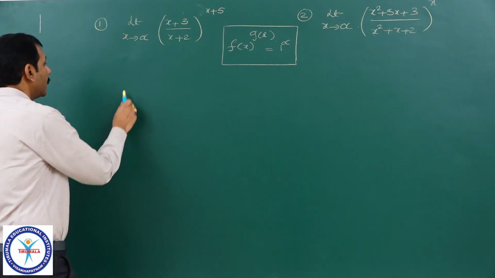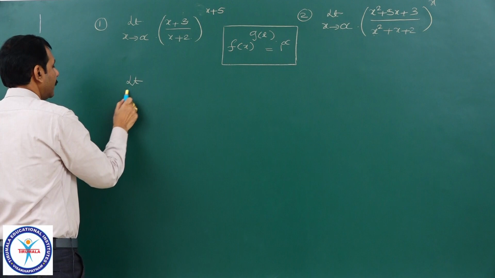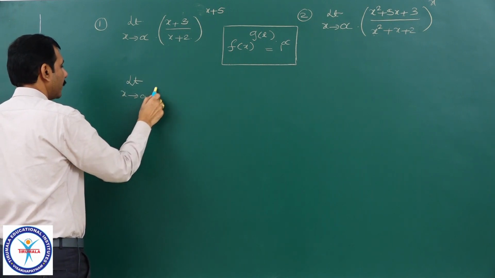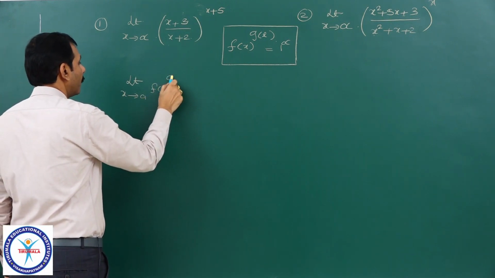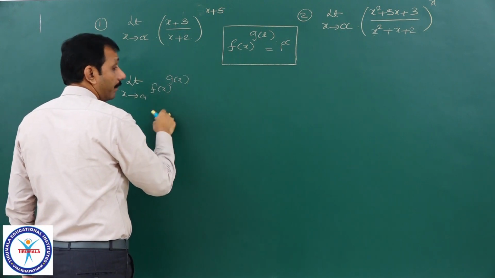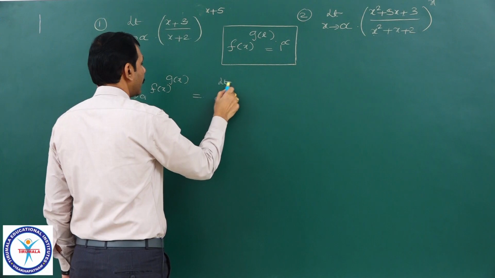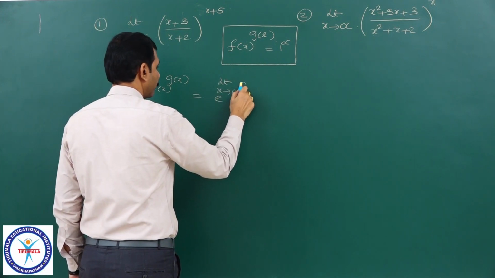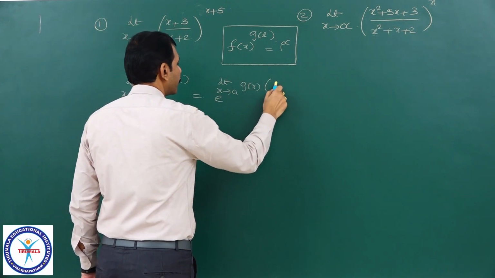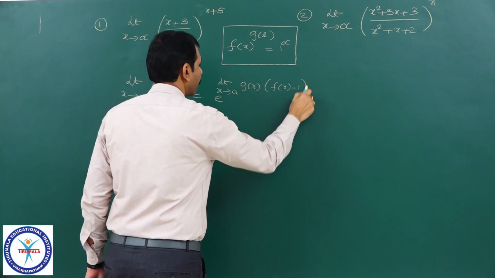And here you remember this: limit x tends to a f of x whole power g of x, and if it takes 1 power infinity form, it is equal to e power limit x tends to a g of x into f of x minus 1.